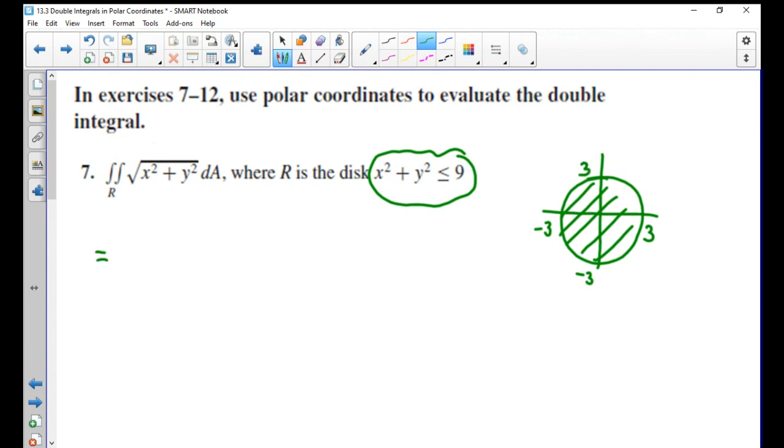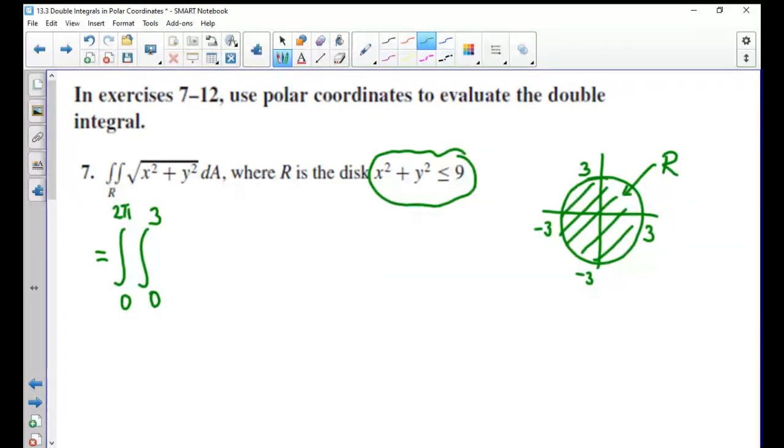So let's shift everything into polar coordinates. In polar coordinates, integrating over R means I need to integrate r from 0 to 3 and theta from 0 to 2 pi.